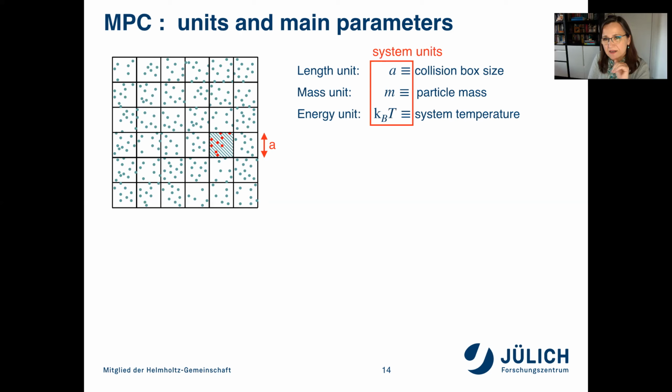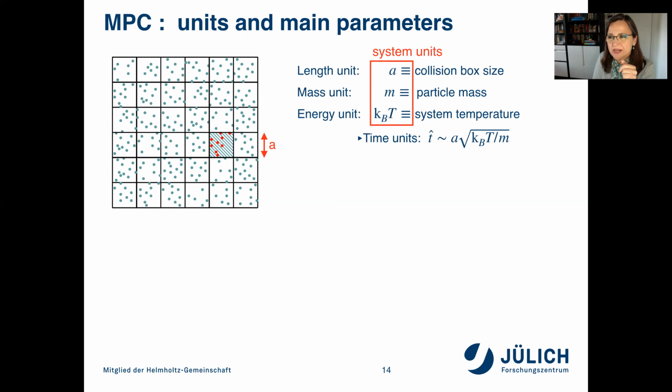So these are the most common units chosen for an MPC system, and out of these you can construct the time units, velocity, or anything else that you might need in the system. So in terms of the collision box, the particle mass, and the system temperature.